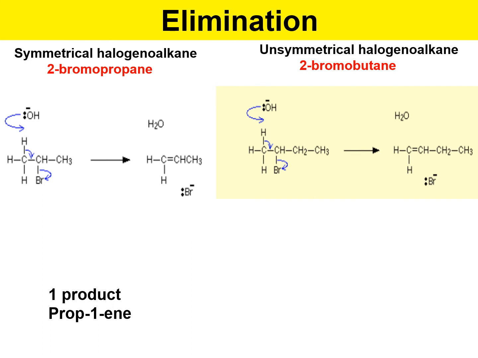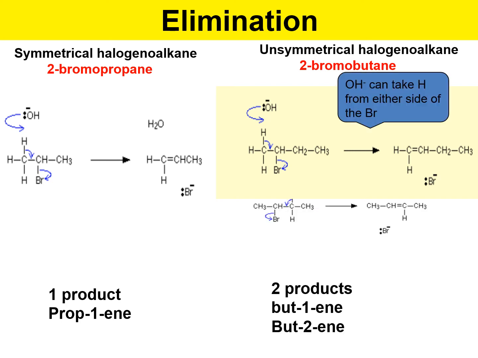If we look at this reaction, you can see the product will be but-1-ene, but if you look at the other reaction, you can see the product is but-2-ene. This is because the hydroxide can take the hydrogen from either side of the bromine, giving us two different products.